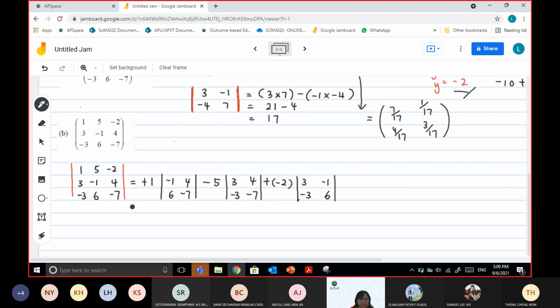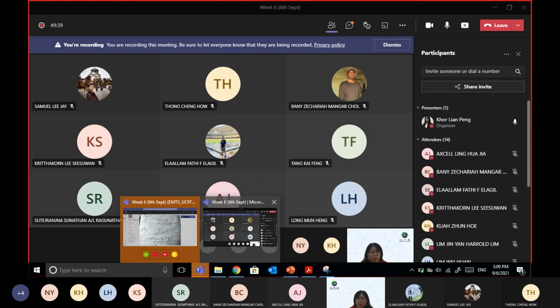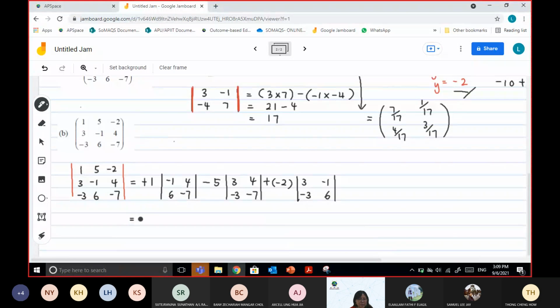Now let's proceed. Next we need to calculate the determinants. The first one is positive 1. What is the determinant for the first one? Kritakon, what is the determinant for the first one? Kritakon, are you here?